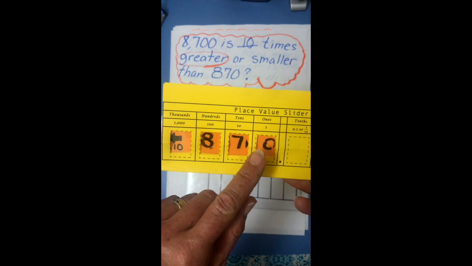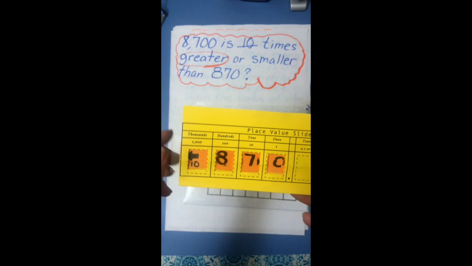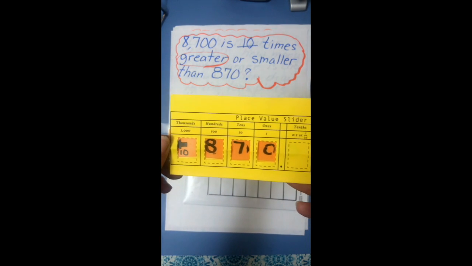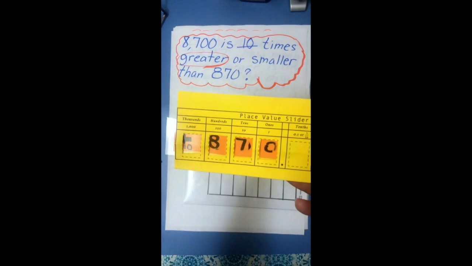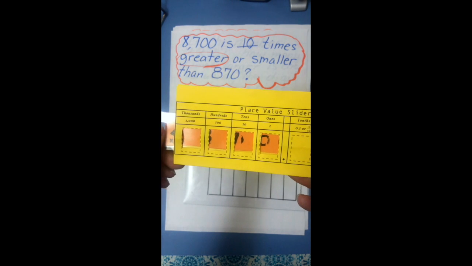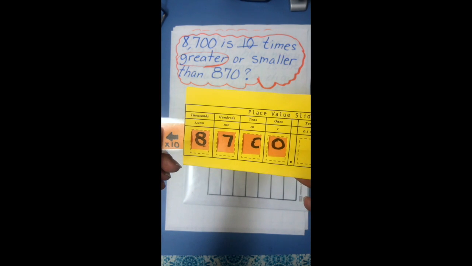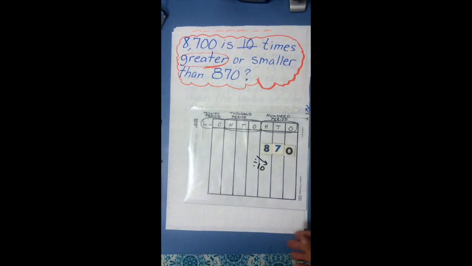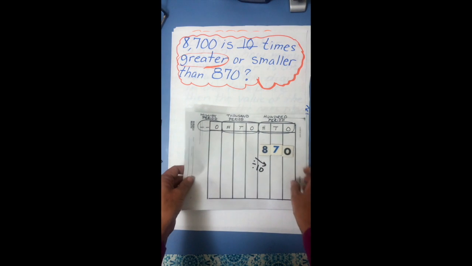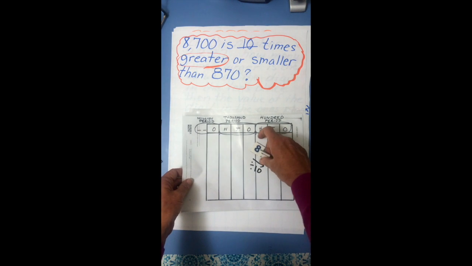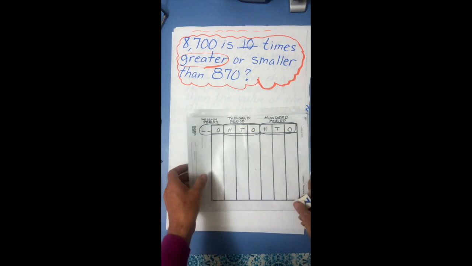Okay, and 870, if I times that by 10, so going this way, I only have to move it over once. See that? So I'm only multiplying by 10 times. Okay, next problem.